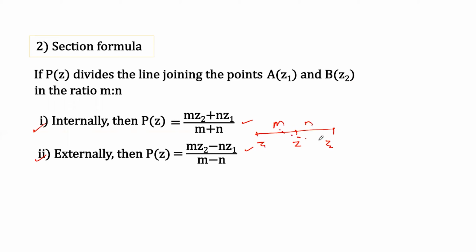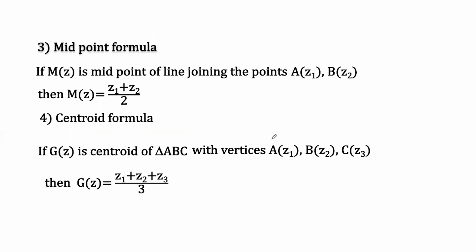So opposite to this, go for this, opposite to this, go for this. Now if in the section formula you want to go for the midpoint, Z1 plus Z2 by 2 is the midpoint, right? If you want to find the centroid, the centroid is simply Z1 plus Z2 plus Z3 by 3. This is the centroid of the triangle, right?